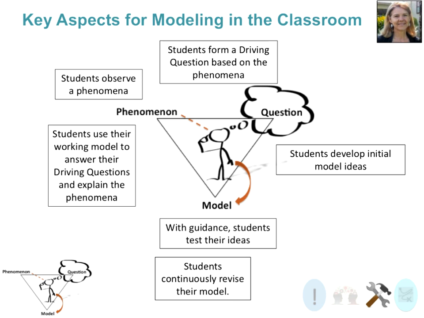So one of the ways to look at this PQM triangle with the actual things that are going on inside the classroom here is you do not have to always start at one specific place on the triangle by any means.